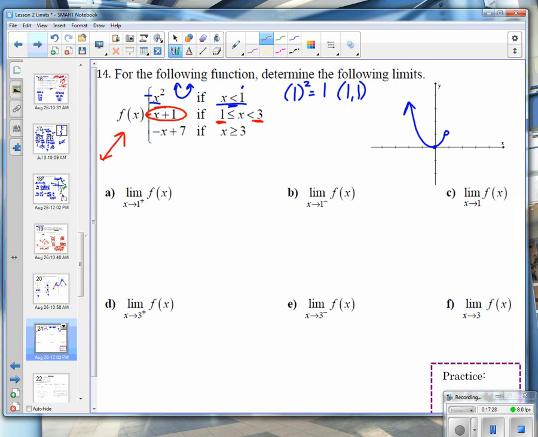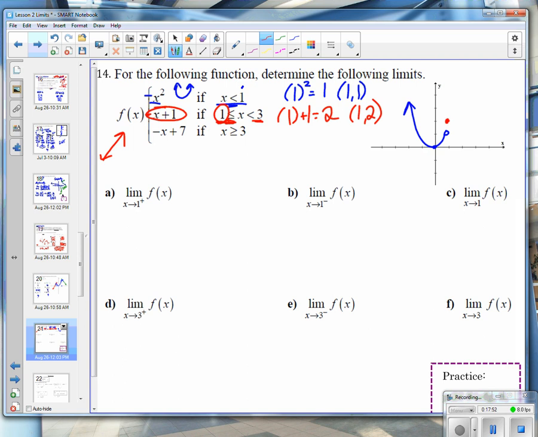Nice and easy. So let's do 1 first. So I've got 1 plus 1 is 2. So that means my coordinate is going to be (1, 2). Now remember this is less than or equal to, so that means I've got a closed circle at (1, 2).